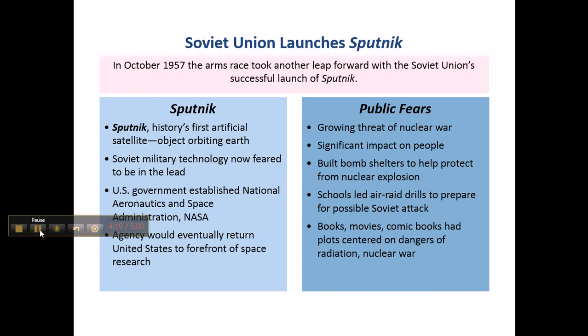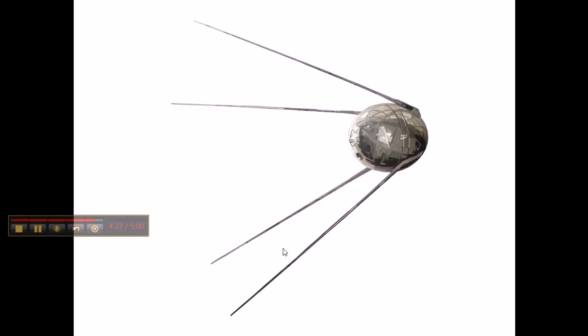This will cause great fear in the United States, and it will have huge impacts in education, in the media, in books, movies, and comic books that plotted the end of the world because of nuclear destruction. Here's an image of Sputnik, the first human artificial satellite.